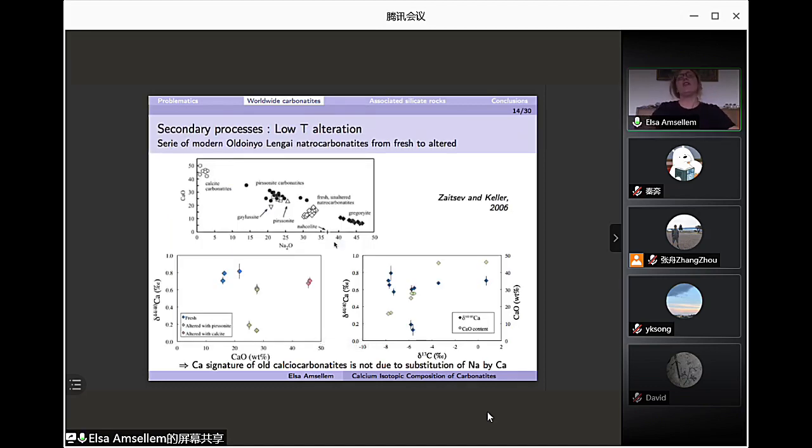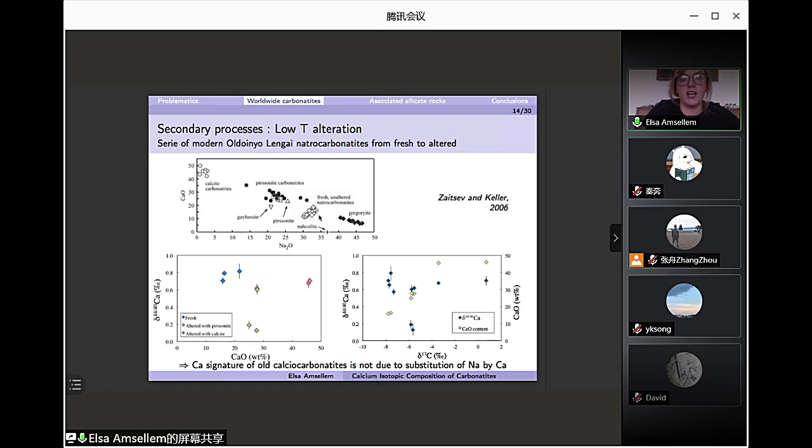So first, in order to test if secondary processes can explain this enrichment we observe, I measured a series of modern Oldoinyo Lengai natural carbonatites from fresh to altered. And here you can see, from Zaitsev and Keller, the evolution of alteration, where you lose sodium content and you enrich in calcium content.